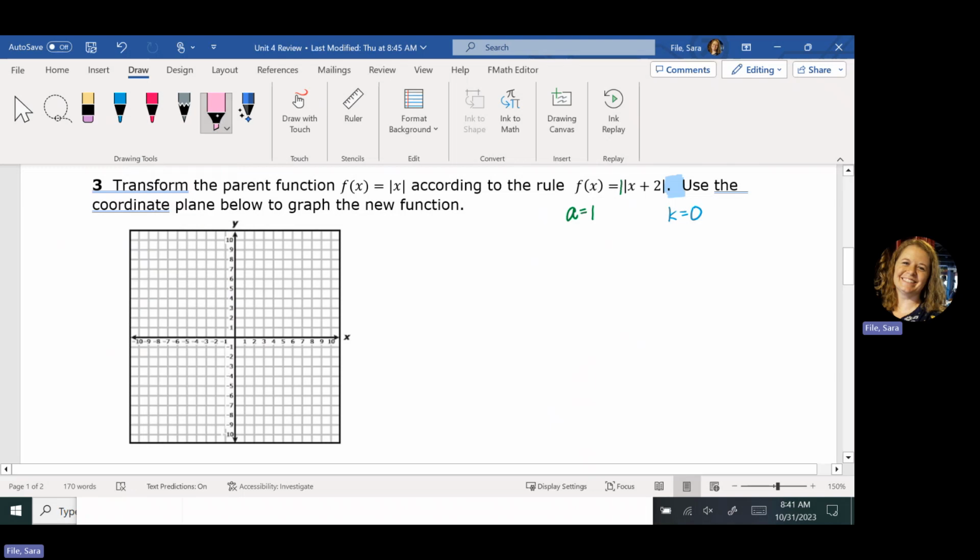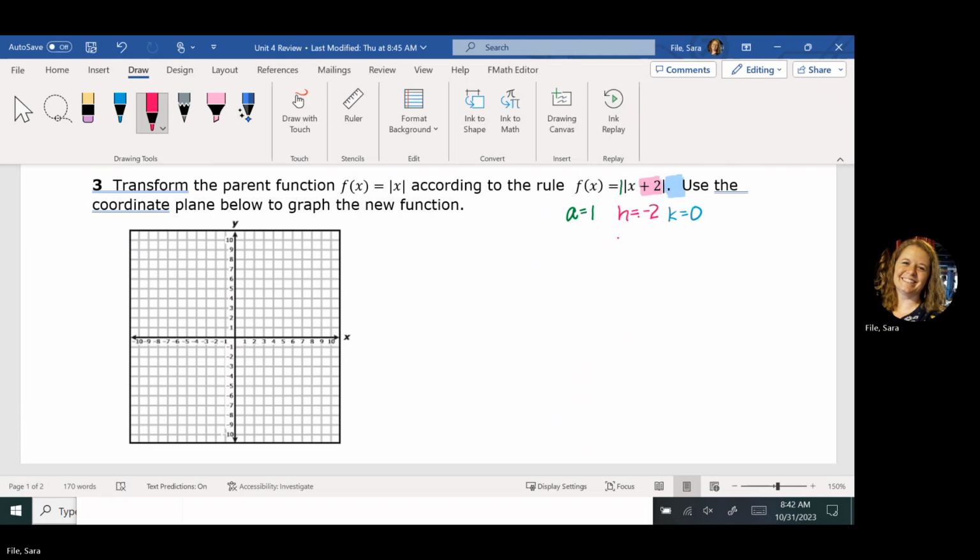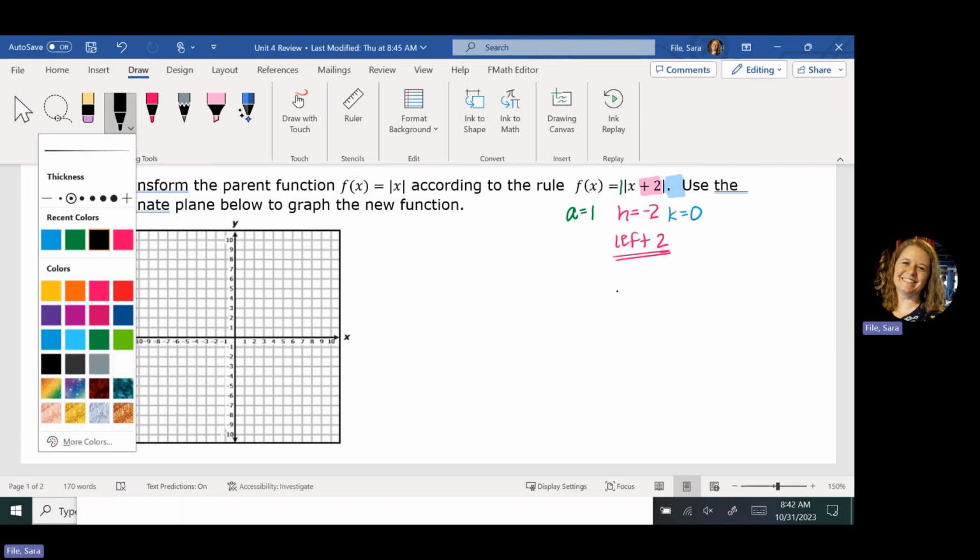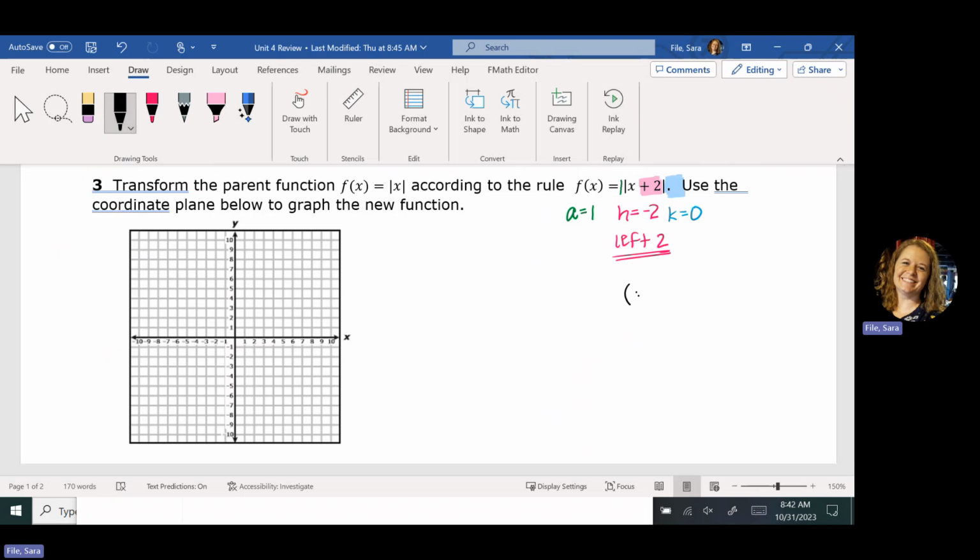So the only thing happening here is this +2 on the inside, which tells me H is -2. So that is shifting left 2. So my vertex, because K was 0, my vertex is at -2, 0, because it's at HK.